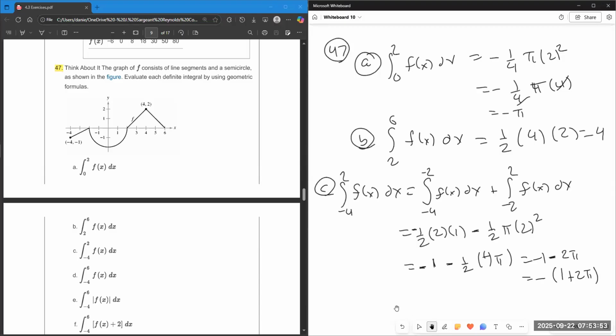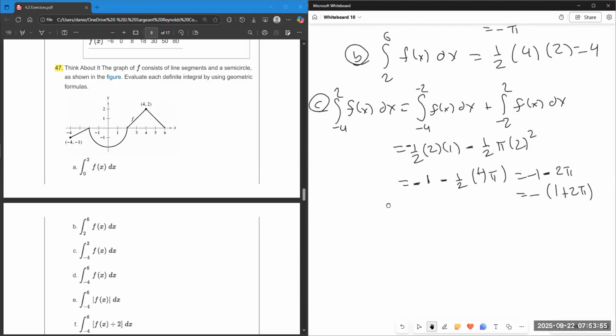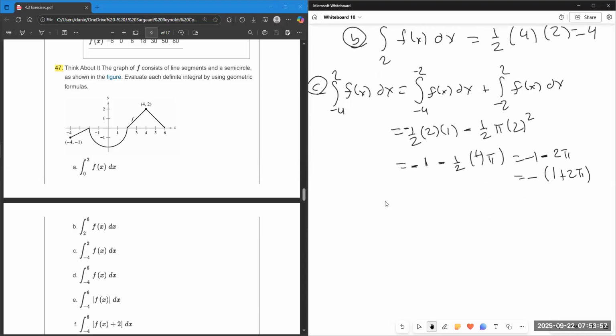Scroll up here. D is -4 to 6 of f of x dx.